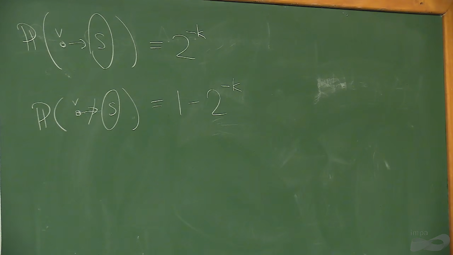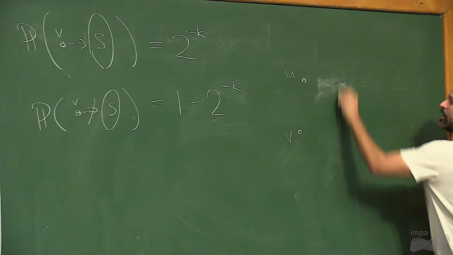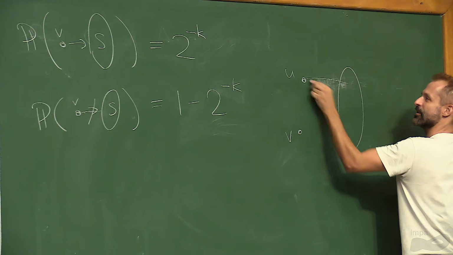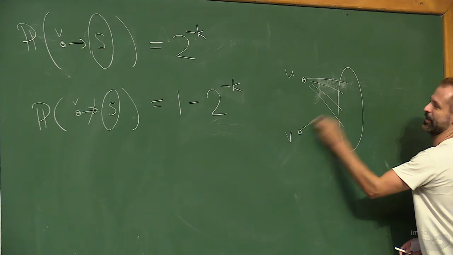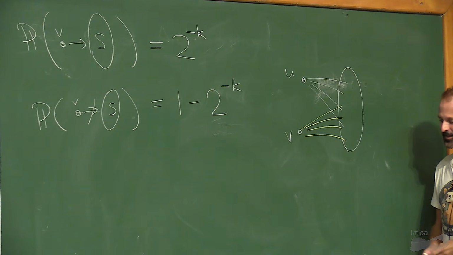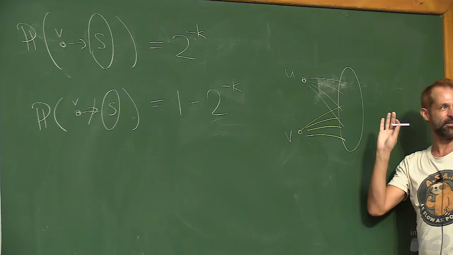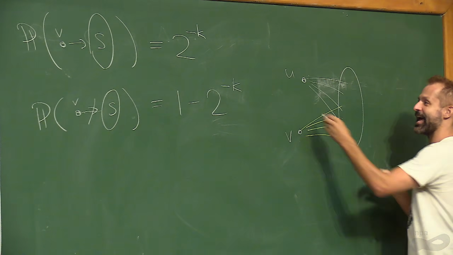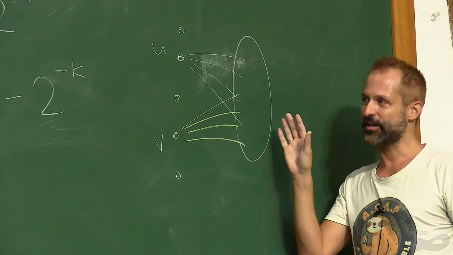You take two vertices, U and V, outside S. These edges and these edges are different, so these two events are independent. In fact, for every vertex outside, the events are independent.